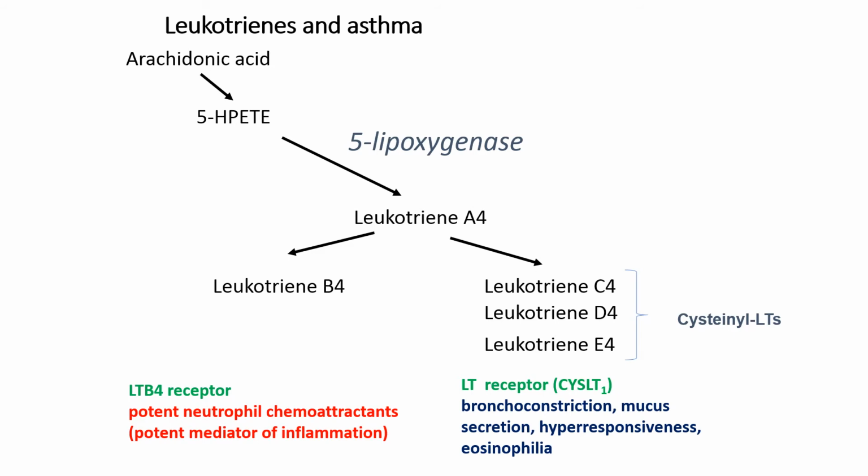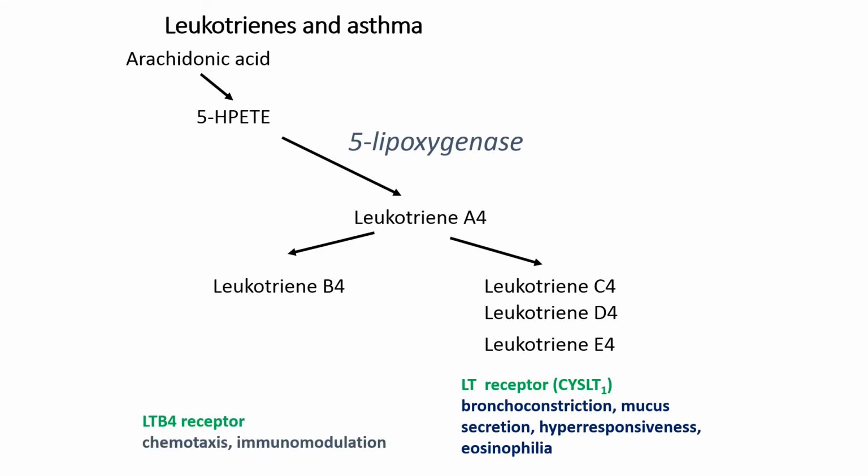Now, there can be two aspects to the treatment of bronchial asthma by modulating the leukotriene. One is you directly inhibit the 5-lipoxygenase.